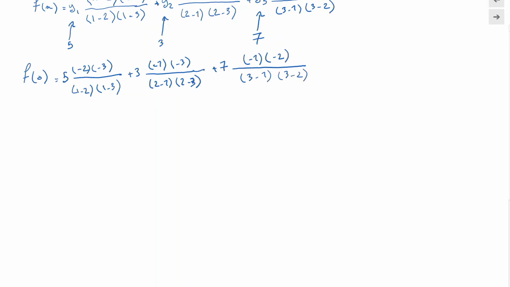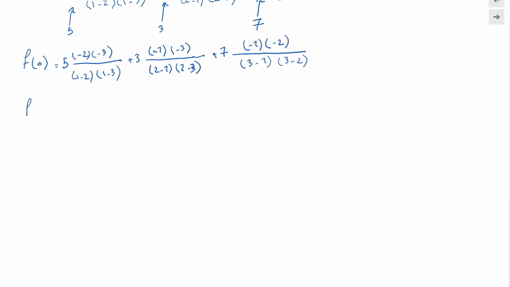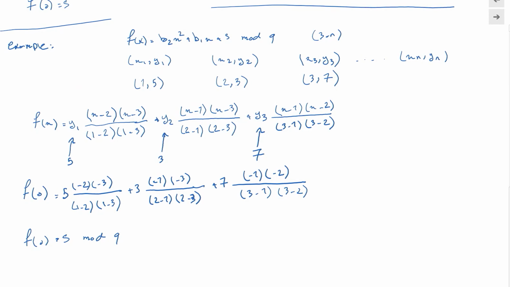So after that, I can compute just f of 0, which is going to be my s mod q, right? And that's how I have recovered my function, my secret s that I was looking for.